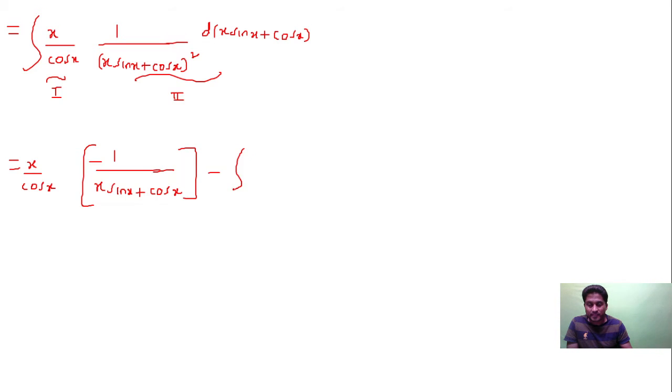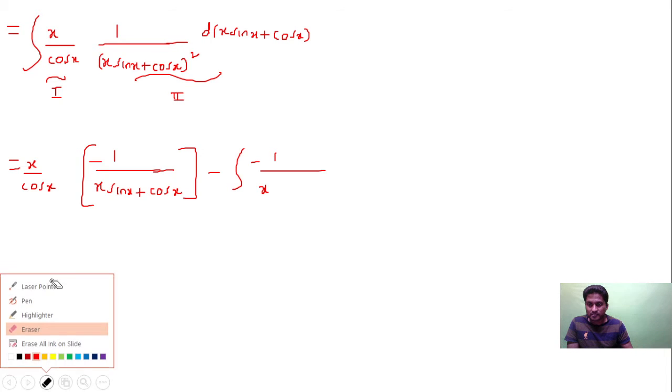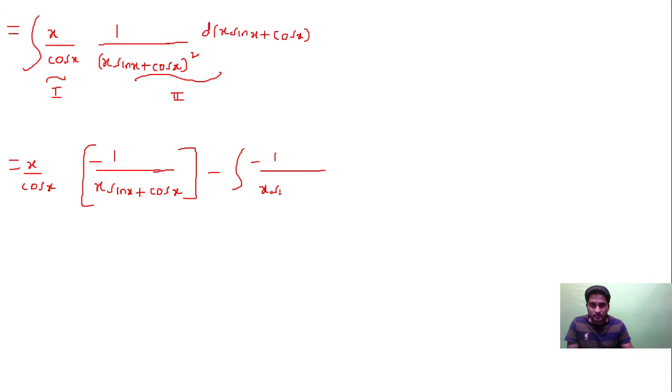So this will be equal to minus x upon cos x into x sin x plus cos x, minus integral of second, x sin x plus cos x. Then differentiation of first: denominator times differentiation of numerator, minus numerator times differentiation of denominator is minus sin, so this becomes plus sin upon denominator the whole square, that is cos square x. Close the bracket, dx. Obviously this will get cancelled.